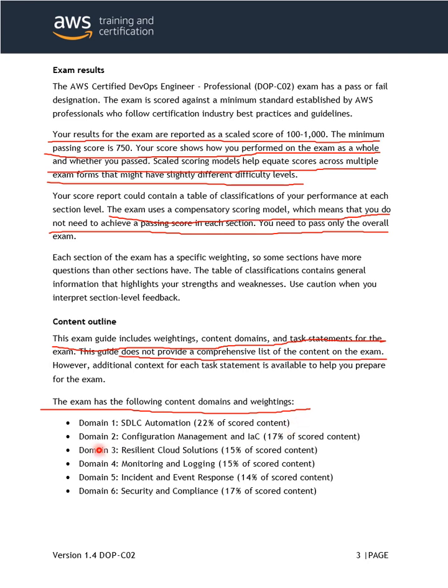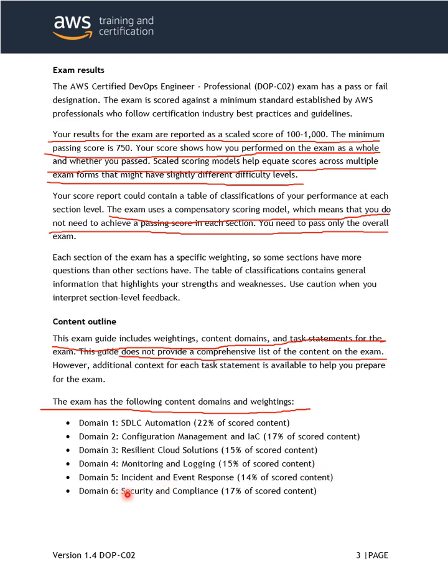Domain 2, configuration management and IaC, 17% of the exam content. Domain 3, resilient cloud solutions, 15% of the exam content. Domain 4, monitoring and logging, 15% of the exam content.